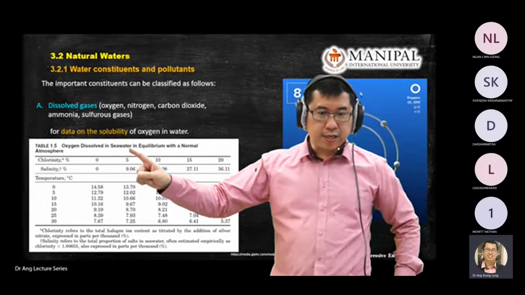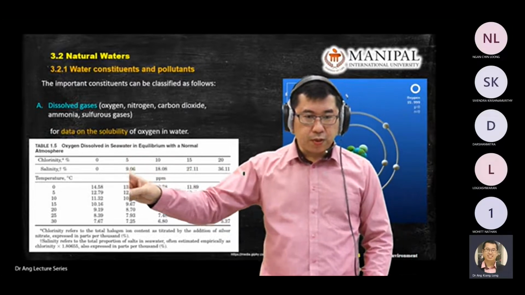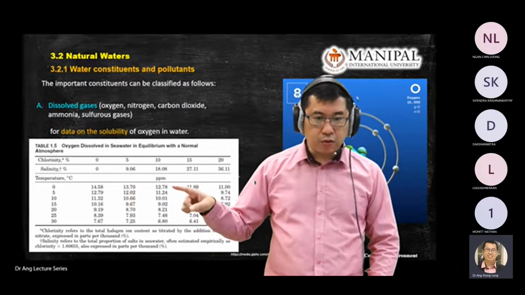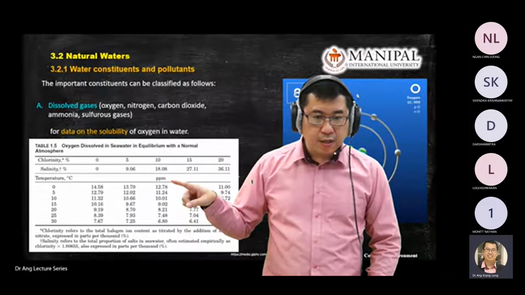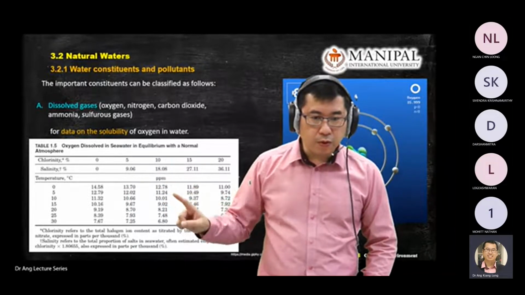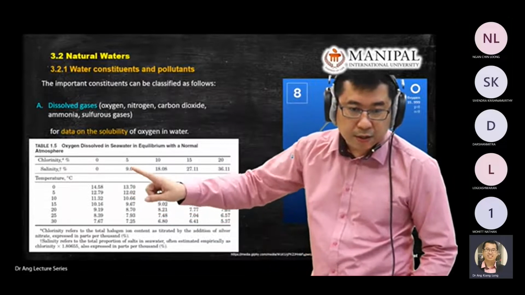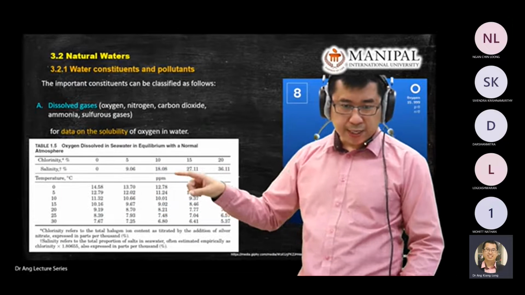So as you can see here, this is seawater in a normal atmosphere. So what happens if you increase your temperature? What happens to the value of your, let me see, this one is salinity. Later we have one equation to calculate salinity.